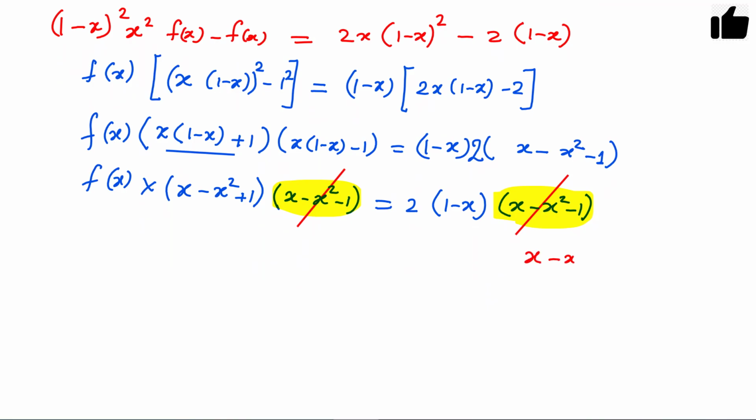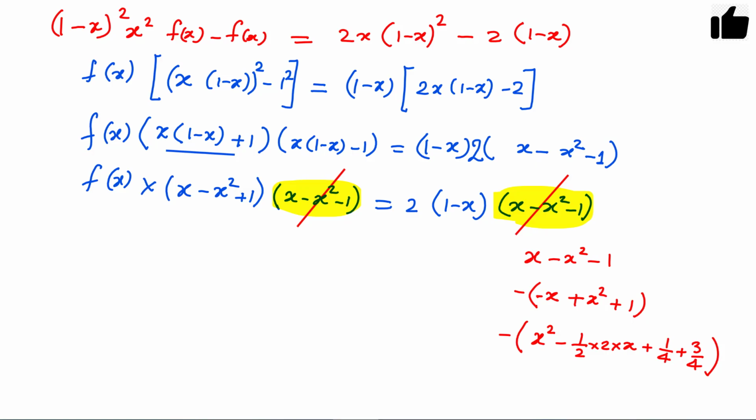So I have x minus x square minus 1. I can take minus common. So this is x square minus x plus 1, and there will be a negative sign. Now see, I can rewrite this as x square minus 2 times 1 by 2 times x plus 1 by 4 plus 3 by 4. So 1 can be written as 1 by 4 plus 3 by 4.